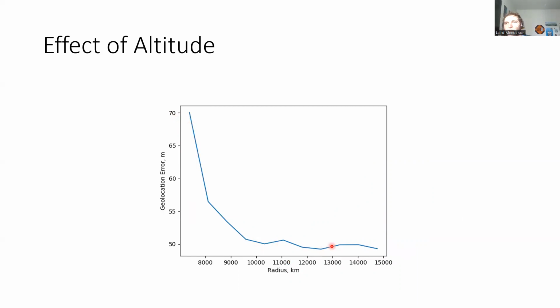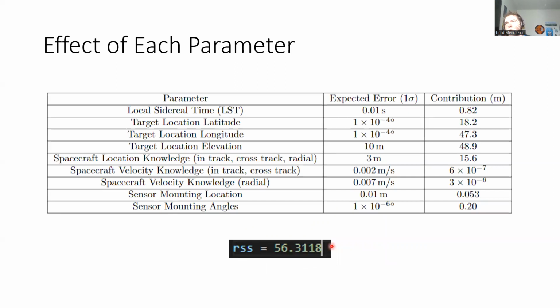Additionally, we can look at the effect of each parameter. So what we see here is the thing that has the biggest effect is the target location knowledge. We know our target latitude and longitude to 10 to the minus 4 degrees on the Earth's surface, but that still corresponds to quite a large physical location shift.